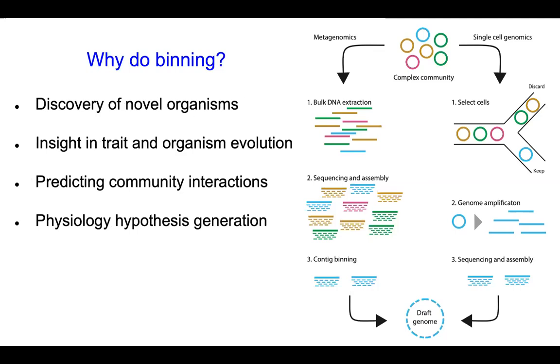So why do we do binning? One of the things that has been proven over the last decade or so is that it is a fantastic way to discover novel organisms. In a similar way that in the 90s and maybe early 2000s, PCR revolutionized our understanding of microbial diversity and of the tree of life, binning has added an extra layer to this.